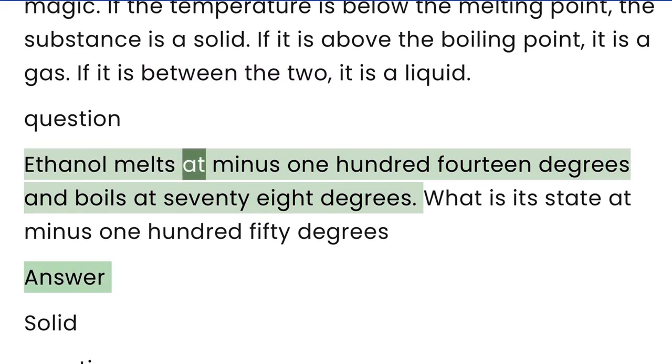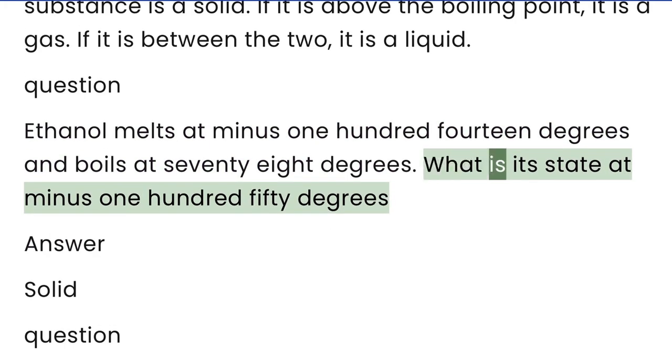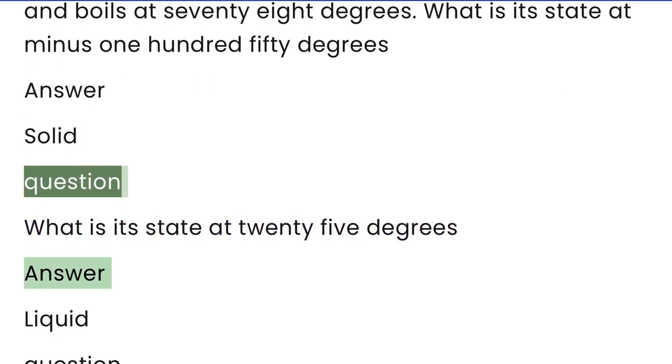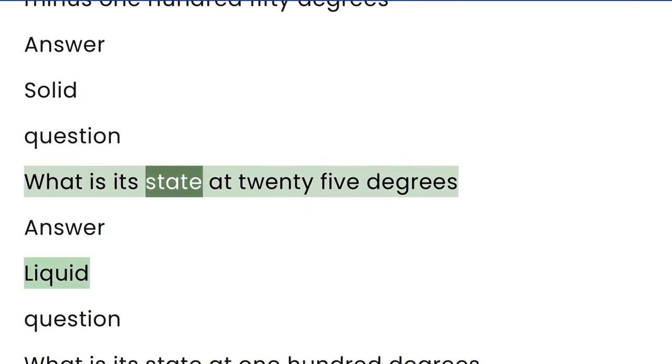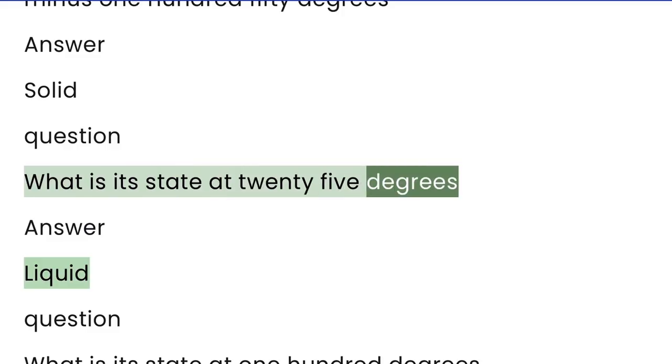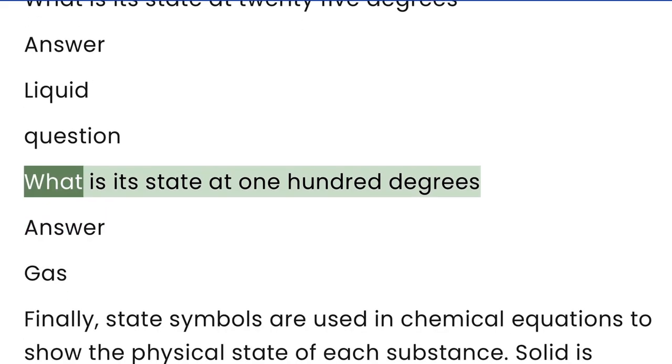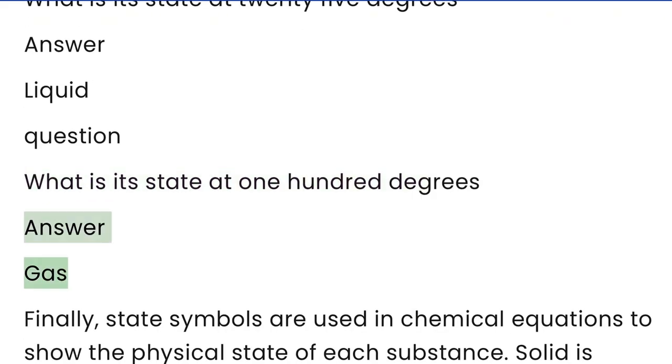Ethanol melts at -114 degrees and boils at 78 degrees. What is its state at -150 degrees? Solid. Question. What is its state at 25 degrees? Liquid. Question. What is its state at 100 degrees?